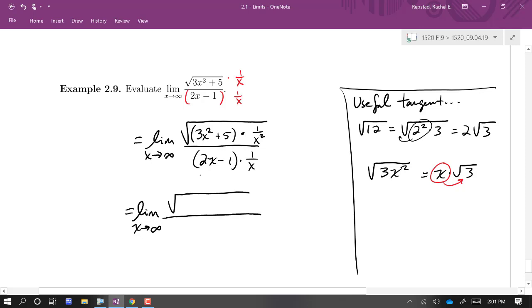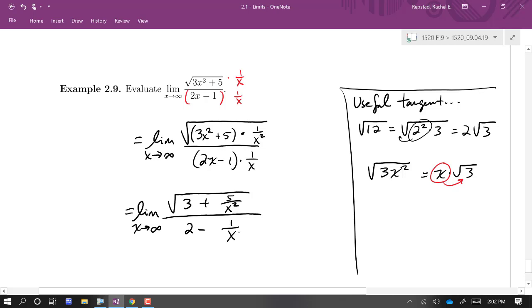In the top, if I distribute that 1 over x squared in the radical, what do we get? 3 plus 5 over x squared. And on the bottom, what do I get? 2 minus 1 over x.